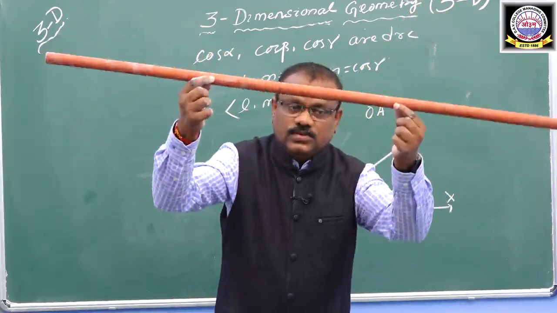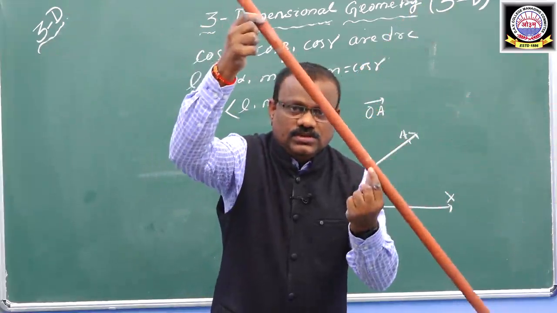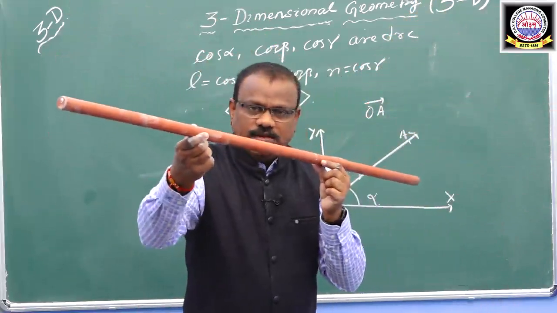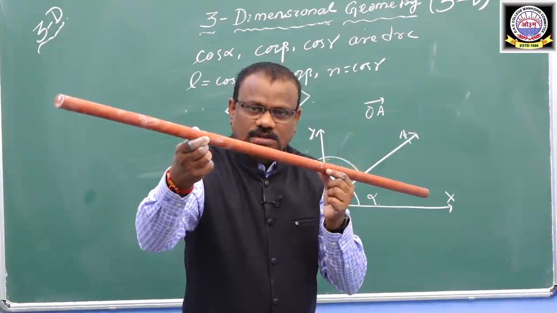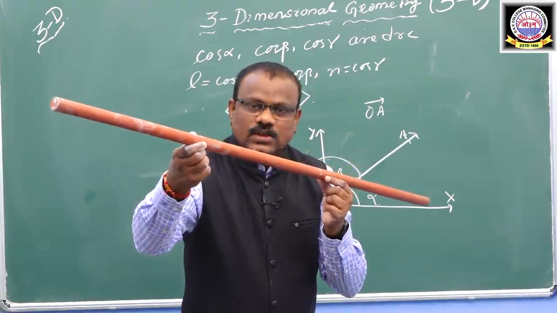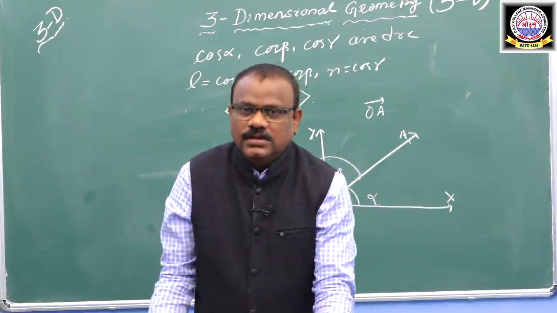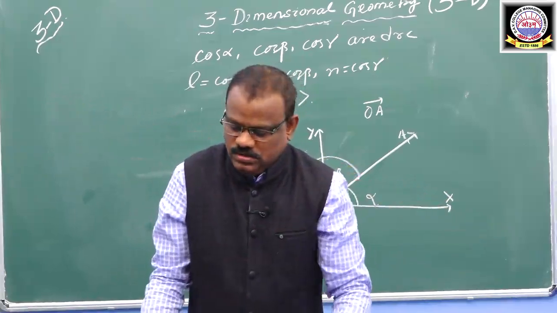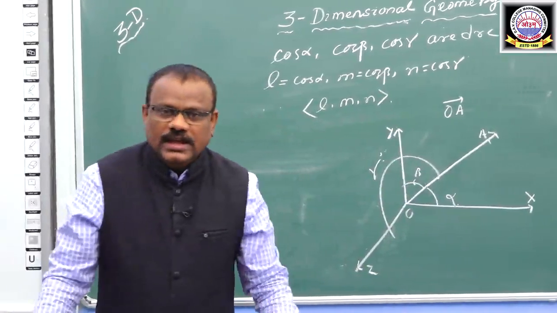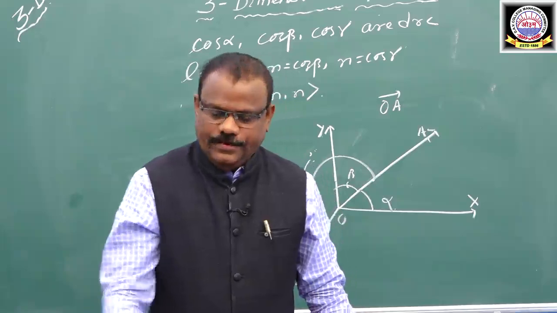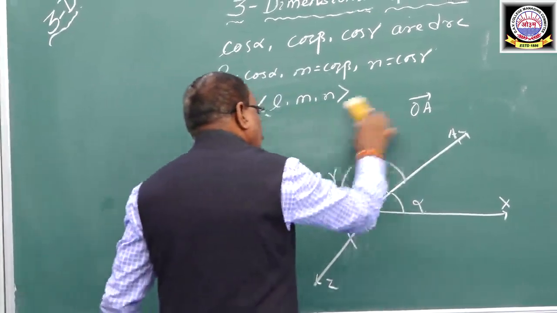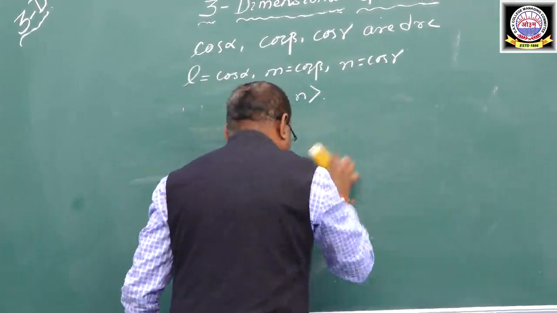If you do like this at every position, you can get a line parallel to it in one of the octants, starting from the origin, and both lines will have the same angles with the coordinate axes. So the direction cosines I told about are L, M, N. Okay, so we got what the direction cosine is.